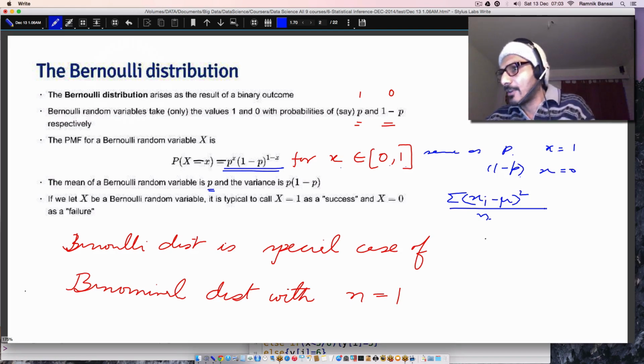So now this is the standard formula. So mu is equal to p, this we know.